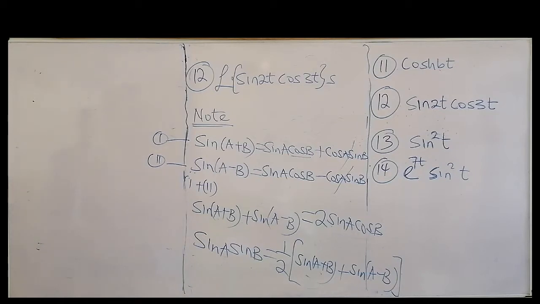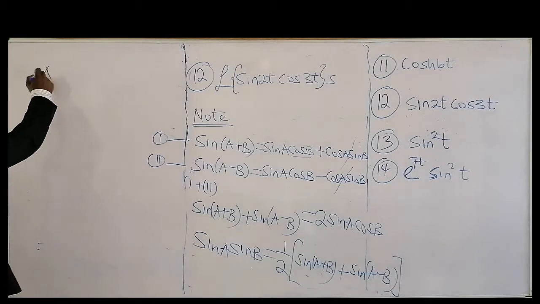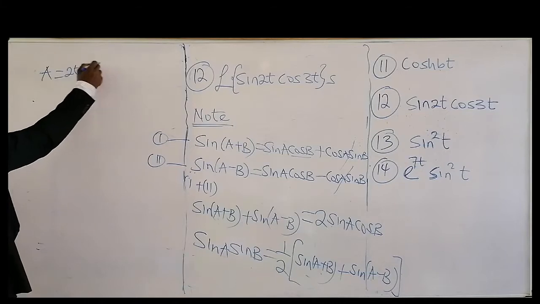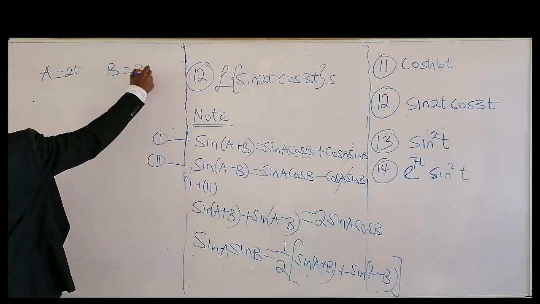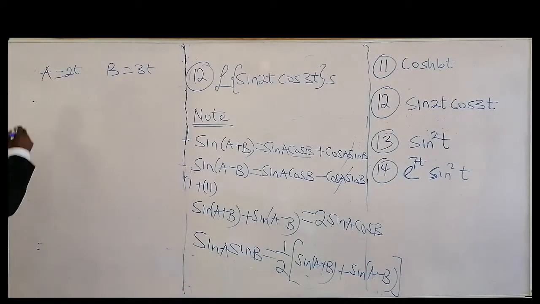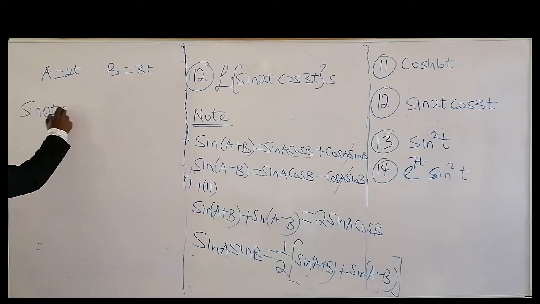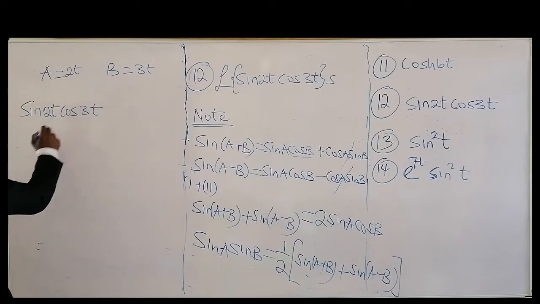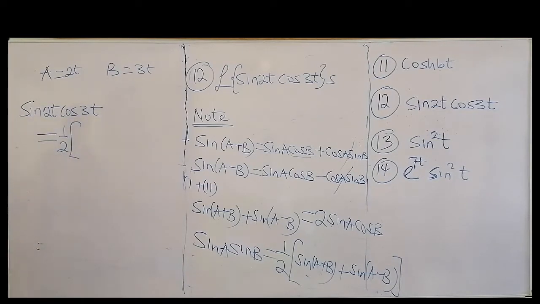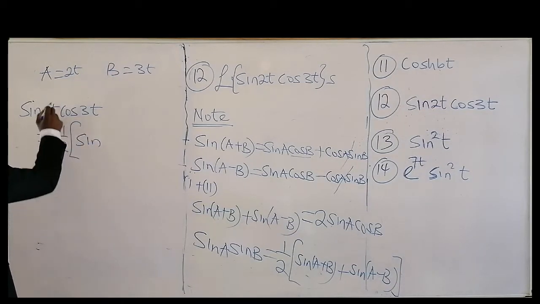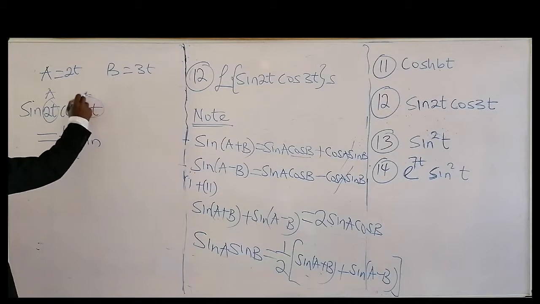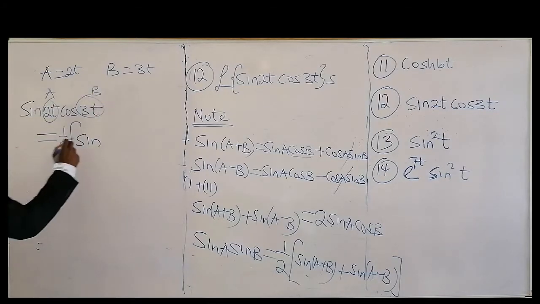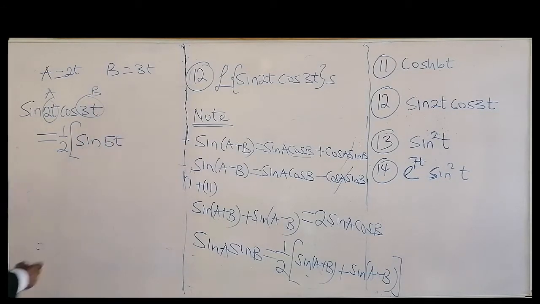My a in this will be what? My a is 2t, and my b is 3t. I will now have sine 2t cos 3t equal to 1 over 2 into brackets sine A plus B. This is my A and this is my B, and that'll be what? 5t.